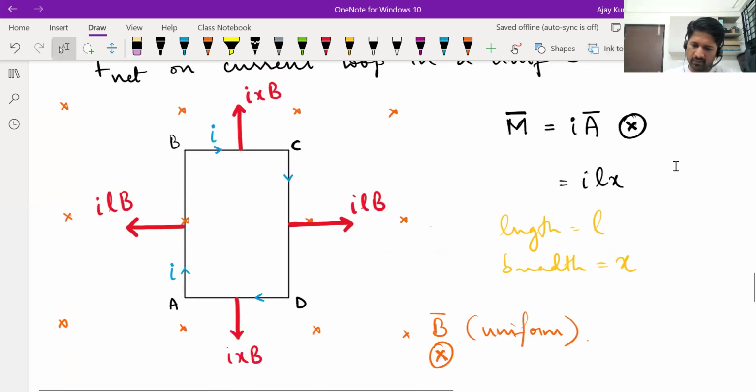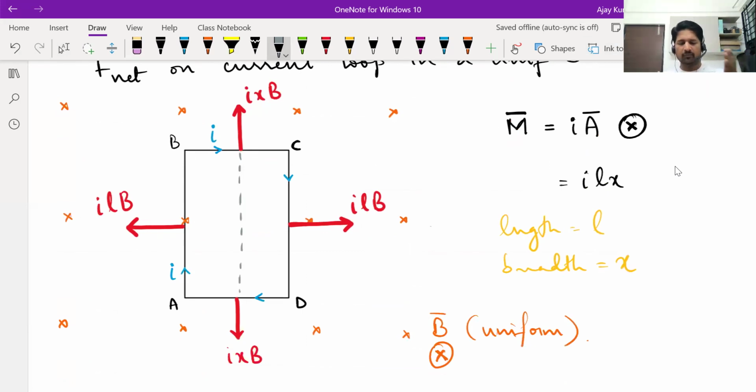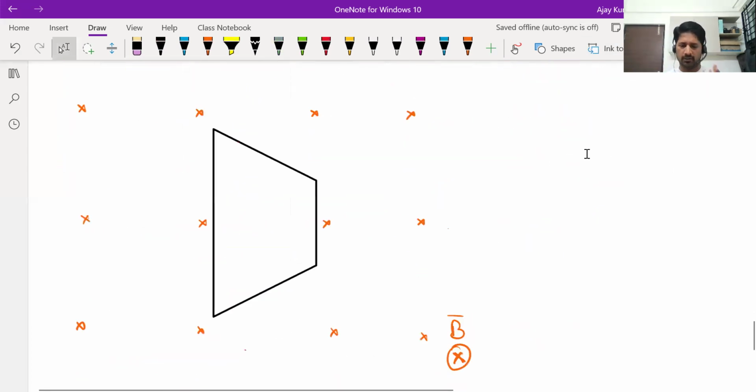Going back to the diagram, I am rotating this rectangular loop about this axis. So what I am doing is I am bringing the side AB closer and sending the side CD farther. Okay. So when AB comes closer to you, it will appear bigger, and CD goes away from you, it appears smaller. So that perspective is what I'm trying to show here. So this is the axis about which it was rotated.